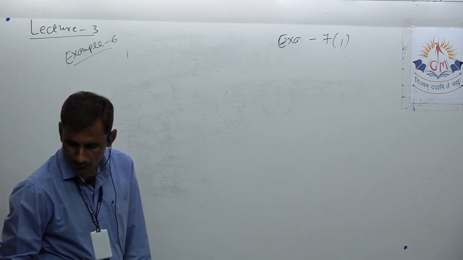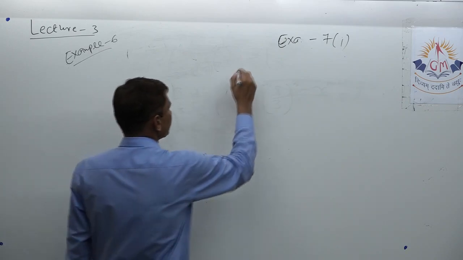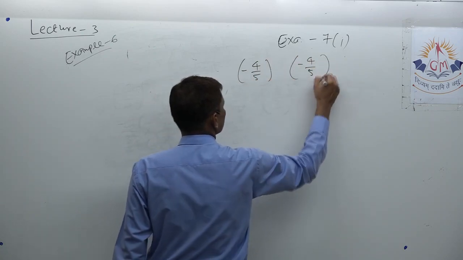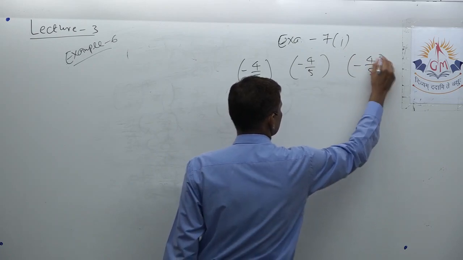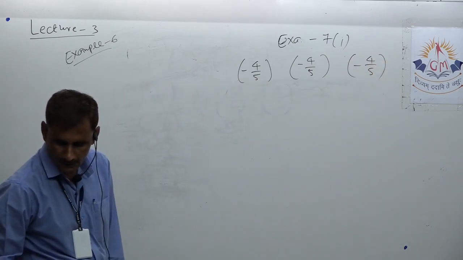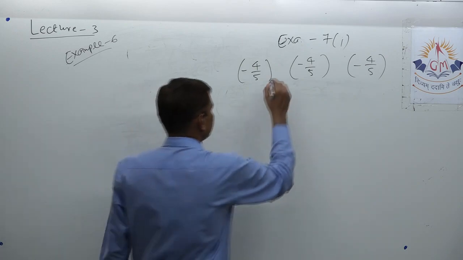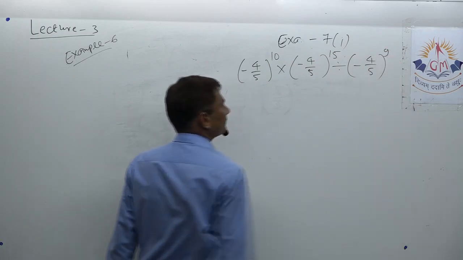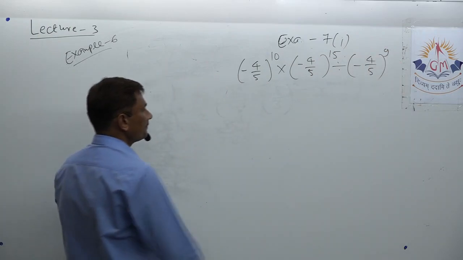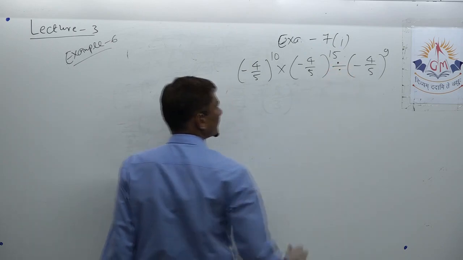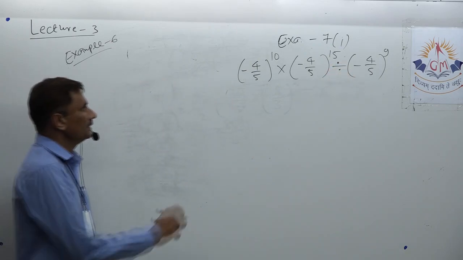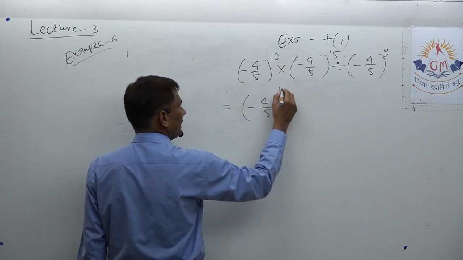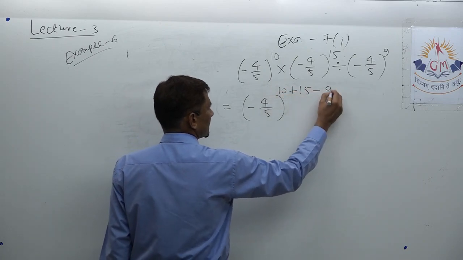So they have given minus 4 by 5 thrice, with exponents 10, 15, 9. Okay, now directly you can say minus 4 by 5, all three bases are same, so here 10 plus 15 minus 9, why 9?